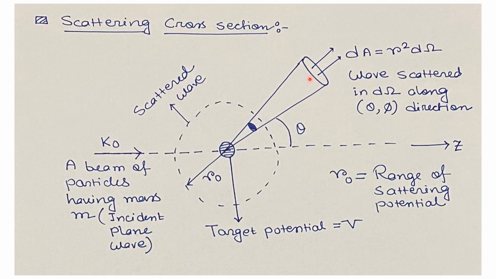So the cross section through which some particles are getting scattered is dA equals r square times the differential solid angle d omega, which is shown here by the dark region. So through this differential area dA, the scattered wave or particles will be scattered in d omega along theta and phi direction in the 3-dimensional spherical polar coordinate.